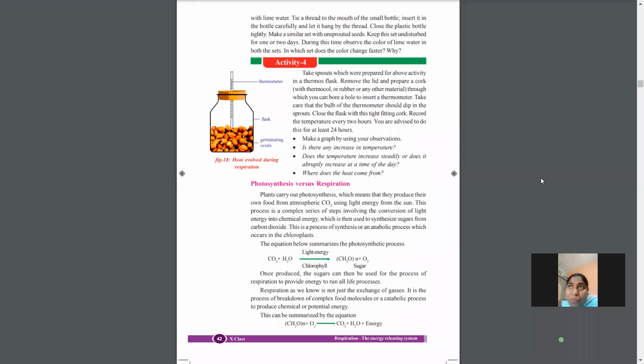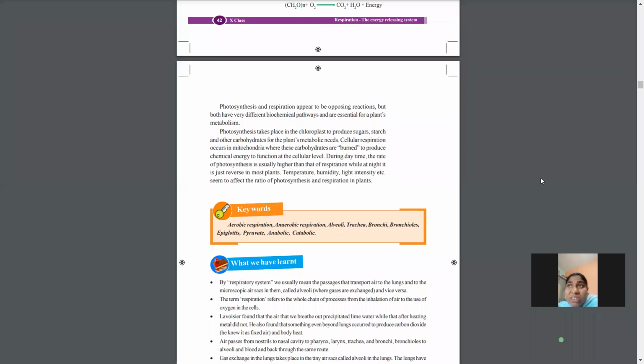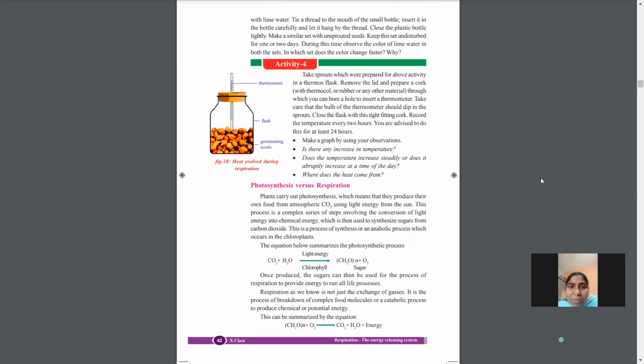In activity 4, you had to take the same sprouted seeds in a thermo flask. Instead of a lid, you had to prepare a cork with a hole to insert the thermometer.